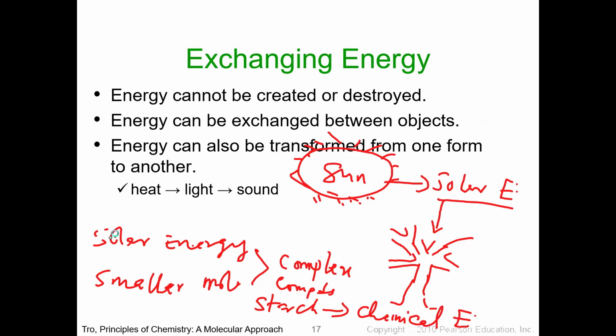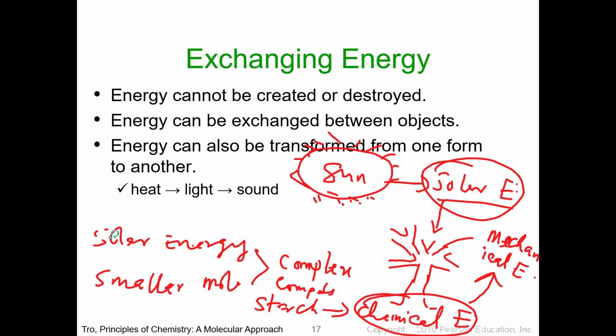And of course, when we consume this starch, it will convert this chemical energy into mechanical energy. So solar energy is converted into chemical energy, and then chemical energy is now converted into mechanical energy.